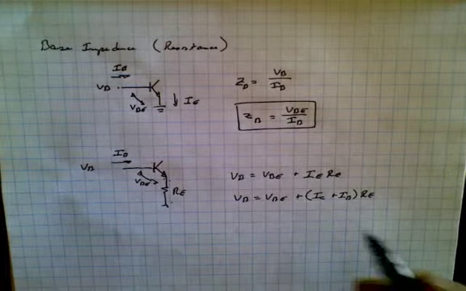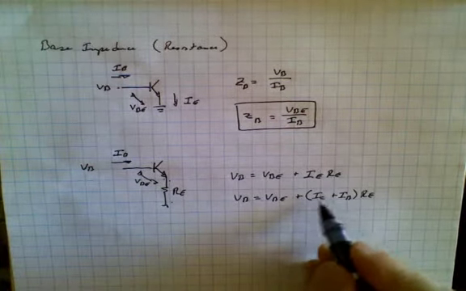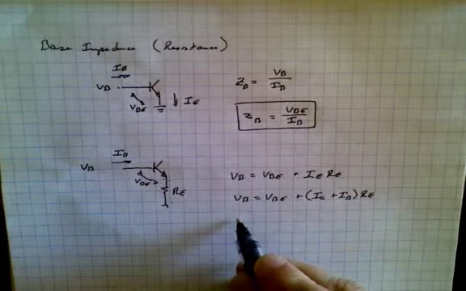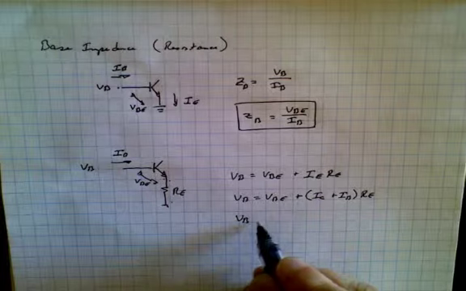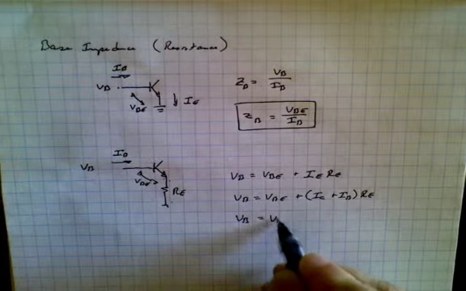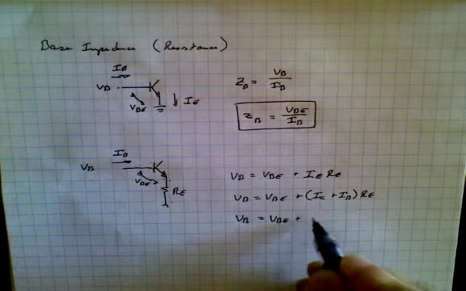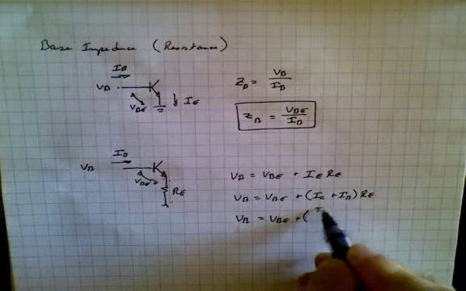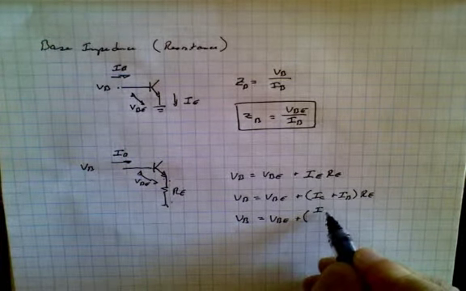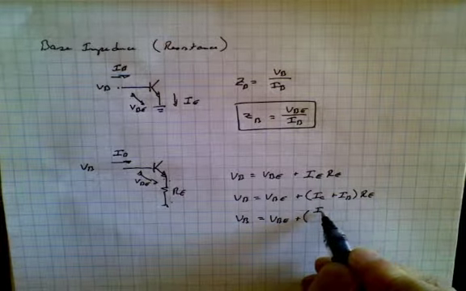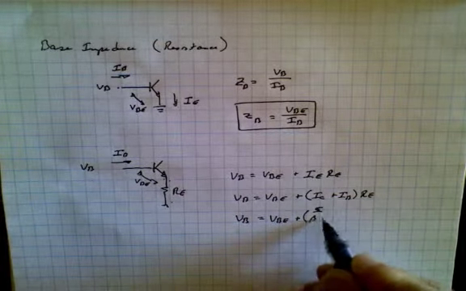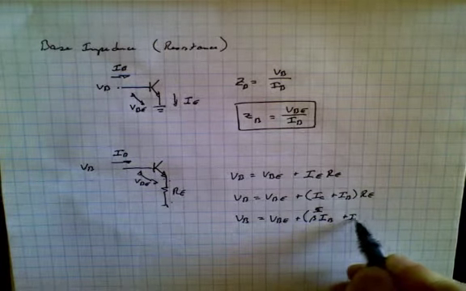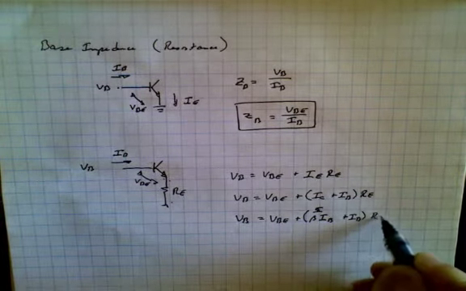We also recognize now that IC is related to IB by means of beta. So we can write that voltage in the base is equal to VBE plus beta times IB plus IB, times RE.